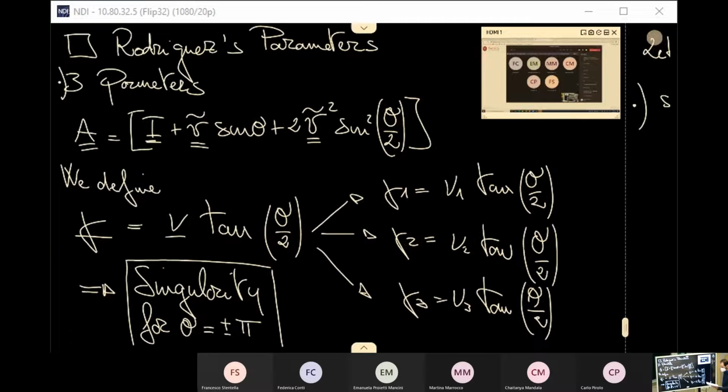What we have to do is, first of all, express the sinus of theta and the sinus squared of theta divided by 2, resorting to the parameters. This is the first thing that we have to do, in terms of these quantities here on the bottom right part of the board.